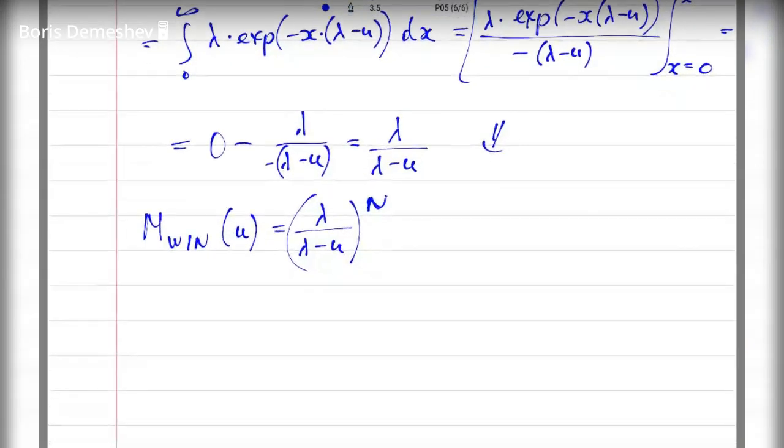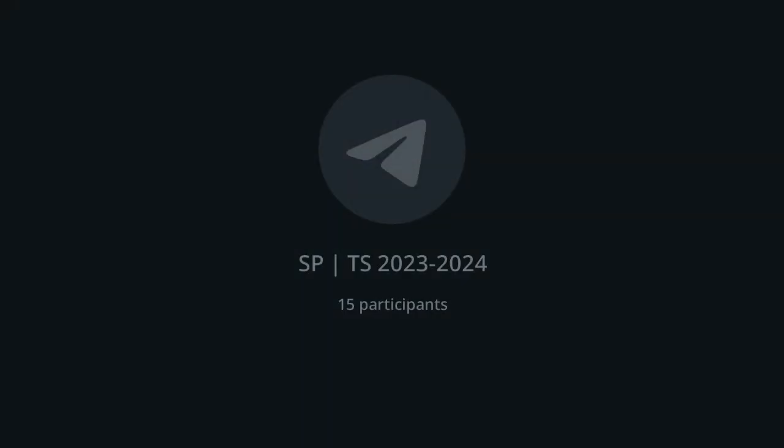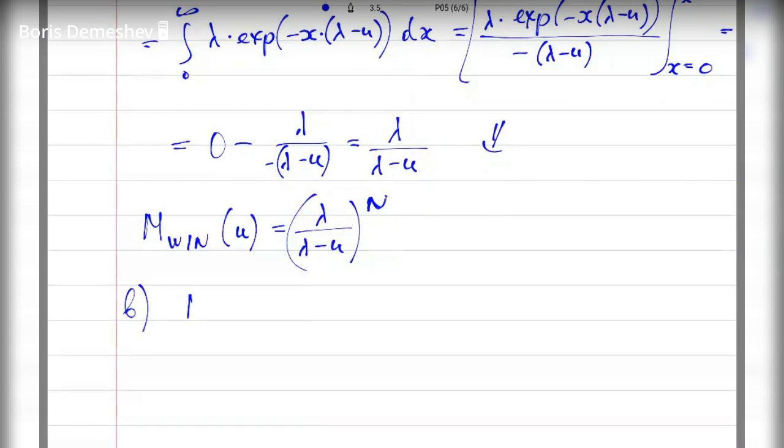Okay, let's continue. Now, I think that's the hardest part of the question. Calculate the unconditional moment generating function for W, the unconditional expected value of exponent of W times u.